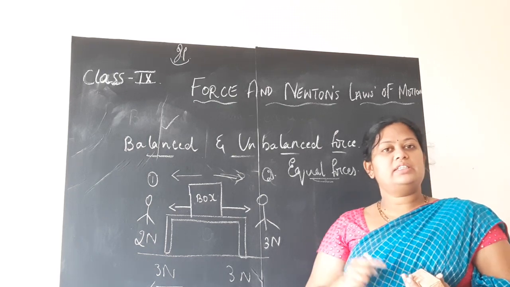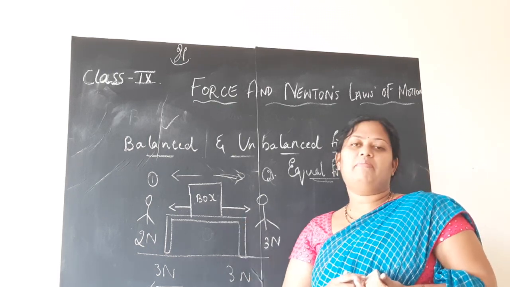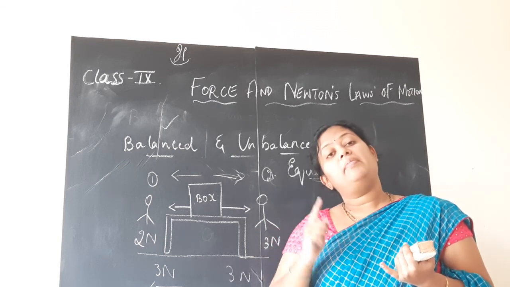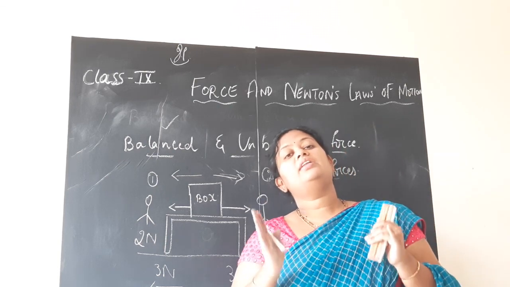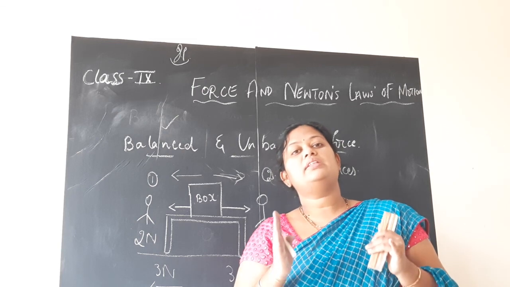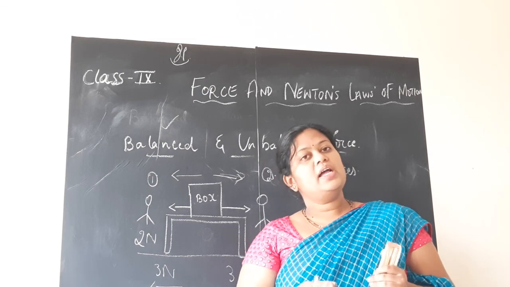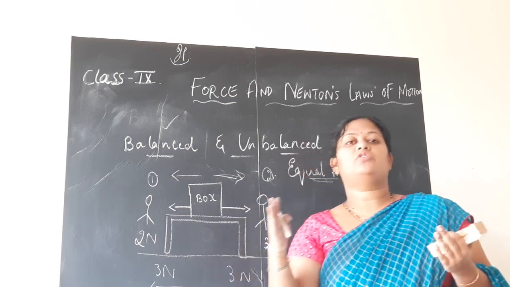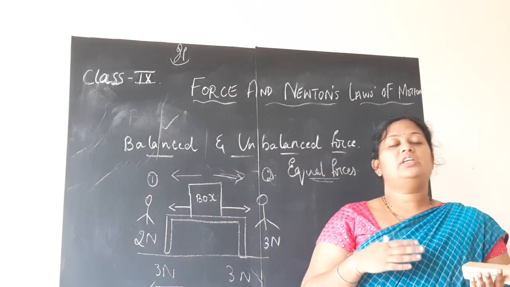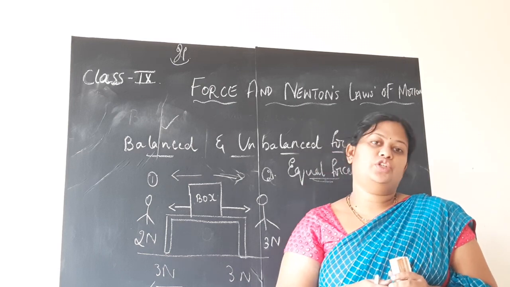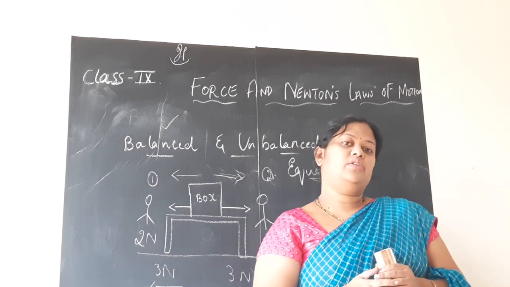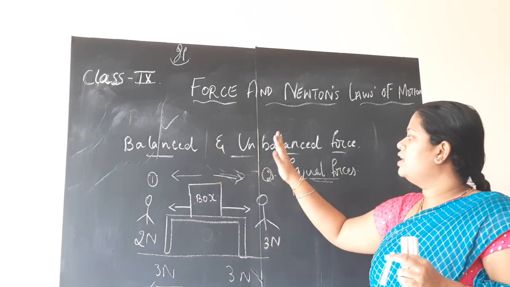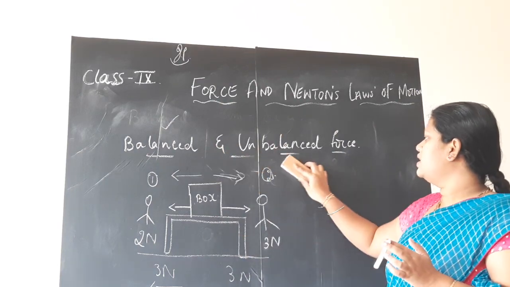So, the concluding statement from this situation is, children, balanced forces make the body remain stationary or in the state of rest. Unbalanced forces acting on the body will make the body get displaced or change its state of motion. This is one point you need to keep in mind. Now, this is one case of understanding the concept of balanced and unbalanced forces.